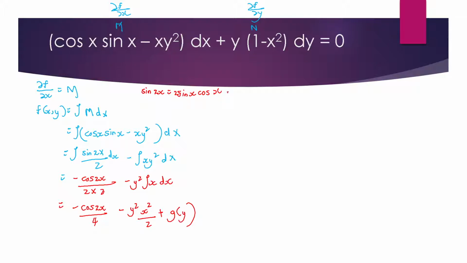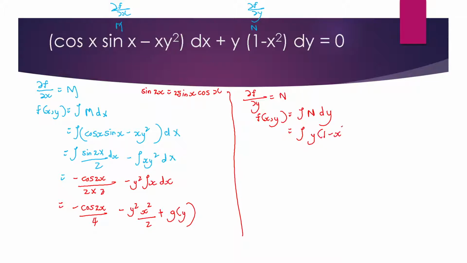Then f(x,y) can also be obtained by integrating the second term with respect to y, because del f del y is equal to N. So f(x,y) can be obtained by integrating N dy, where N is y times 1 minus x squared, dy.